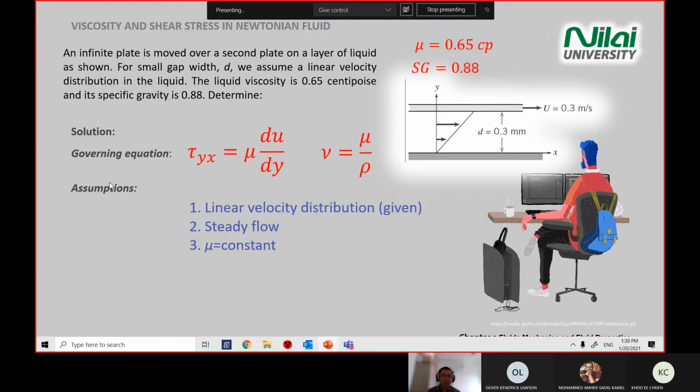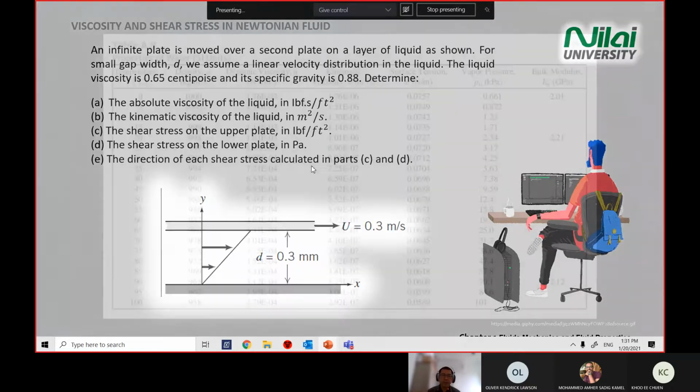Now assumptions. This symbol is kinematic viscosity, given by mu divided by rho. So what is kinematic viscosity?